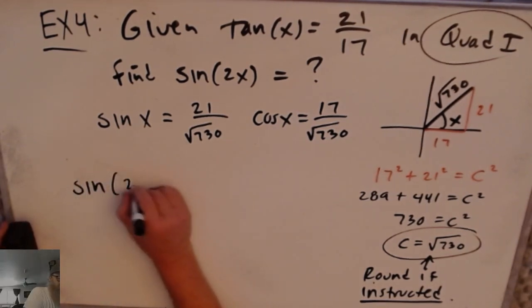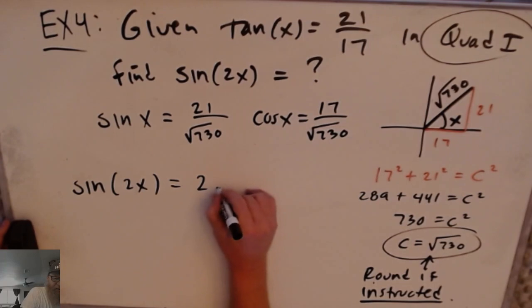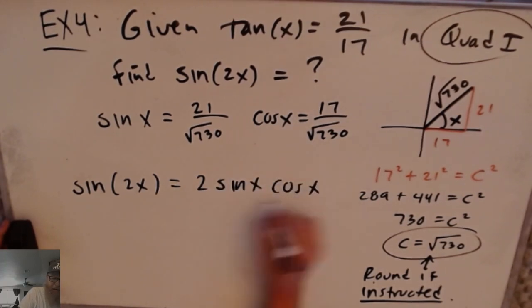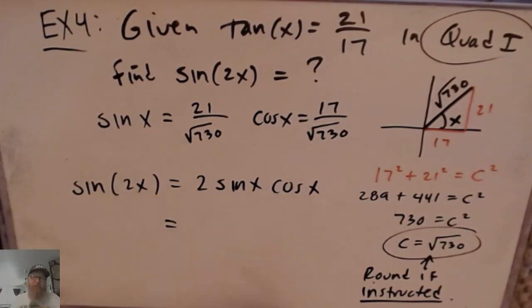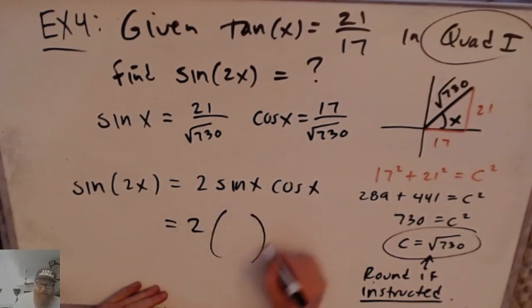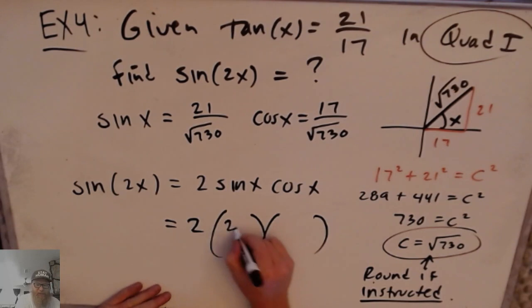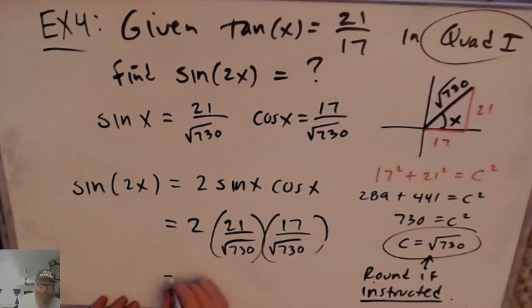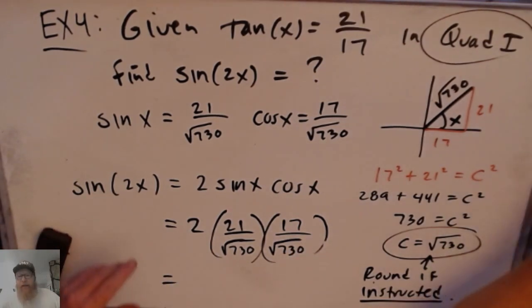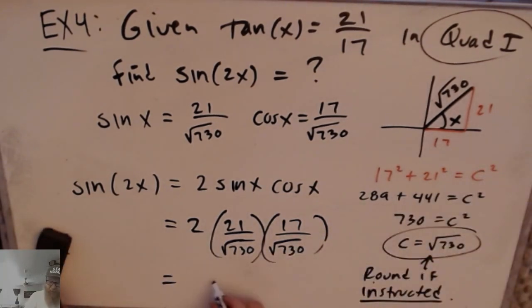So therefore, sine of 2x is 2 sine x cosine x. That's my favorite formula. Of all these, this is my favorite. So you get sine and cosine, just bring these down. The bottom's going to be easy, it's just going to be 730.